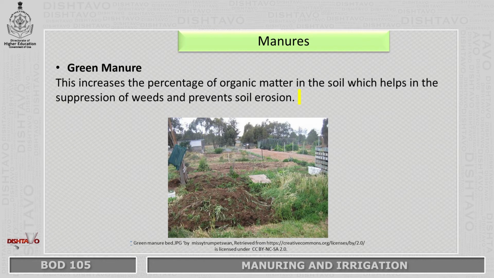Green manure increases the percentage of organic matter in the soil, which helps in the suppression of weeds and prevention of soil erosion. In this picture, you can see the green manure where the plants are directly used.